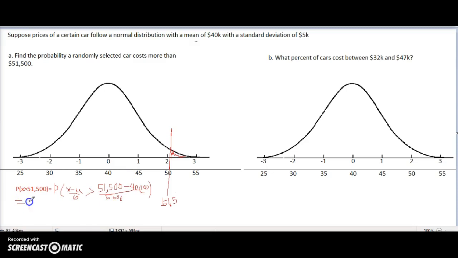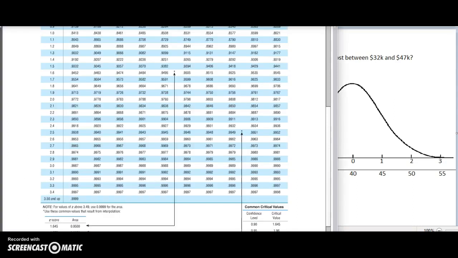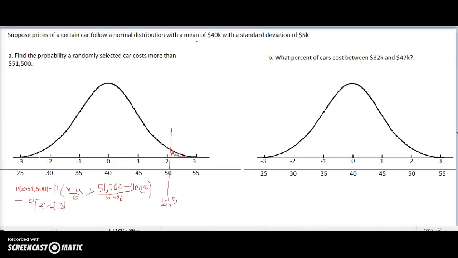So we have the probability that z is greater than 2.3. So looking 2.3 up in the standard normal distribution table, this is the positive side, 2.30. So 0.9893. And keeping in mind, these are the areas to the left, so we just have to do 1 minus 0.9893 to get the area to the right.